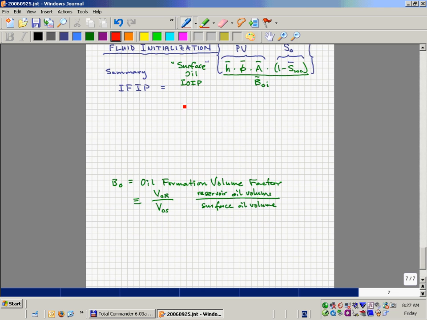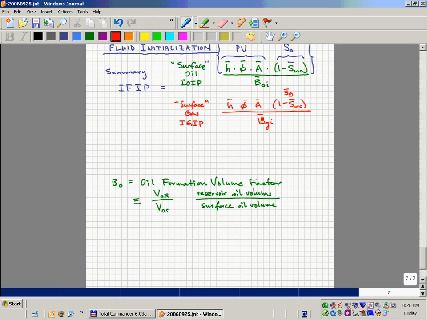And if we then look at the surface gas, initial gas in place, we get a term that's similar. We get an average H, an average phi, an average area, and a 1 minus SWC, which is in reality an average gas saturation, and divided by what we call BG at initial conditions.